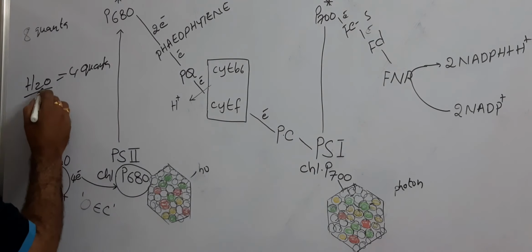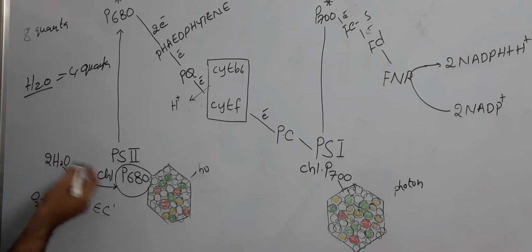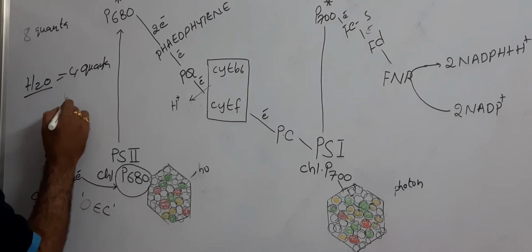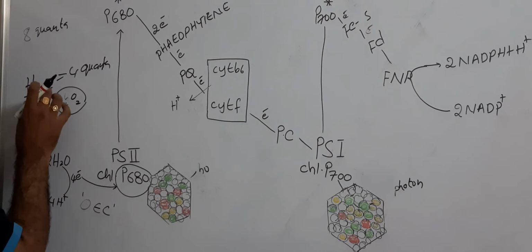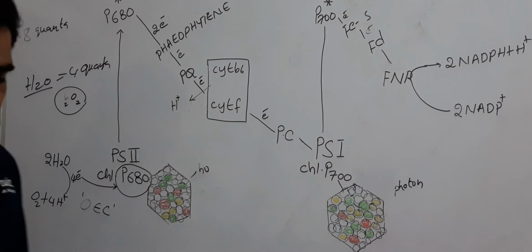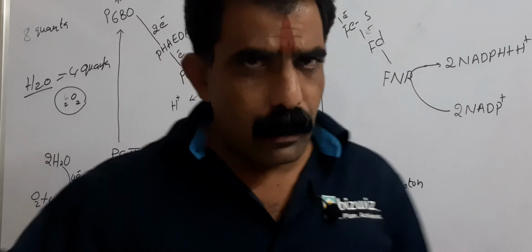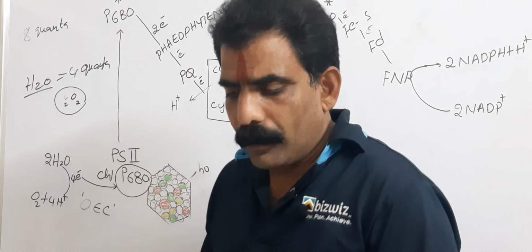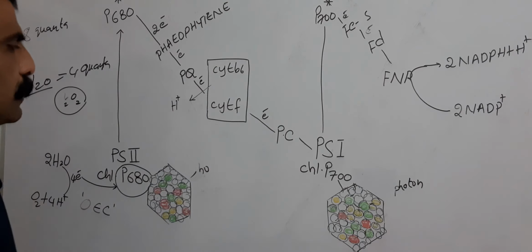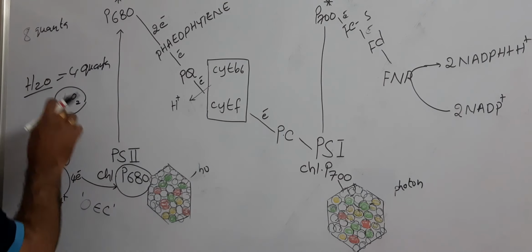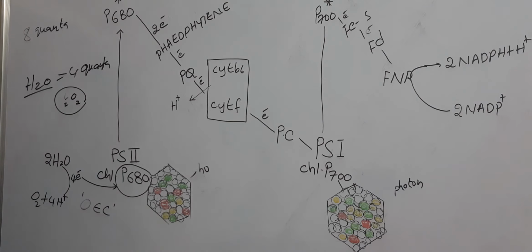So if photolysis of one water molecule takes place, half molecule of oxygen is produced. For the photolysis of one water molecule, we need 4 quanta: 2 quanta at P680, meaning PS2, and 2 quanta at P700, meaning PS1. If one is photolysed, half molecule of oxygen is released.